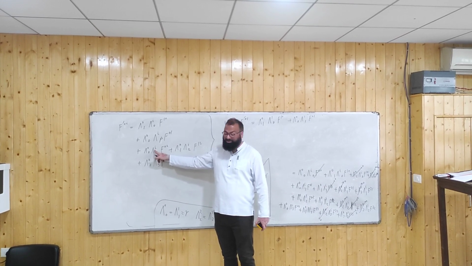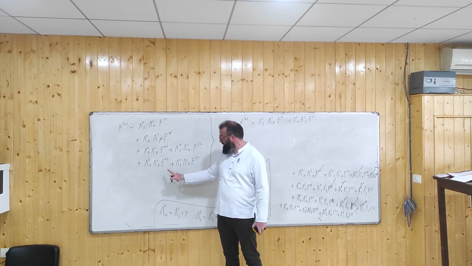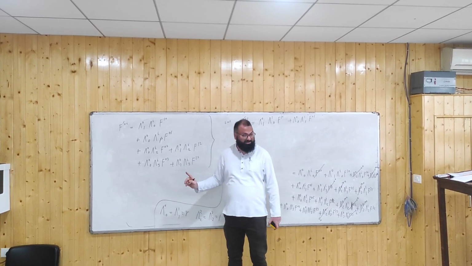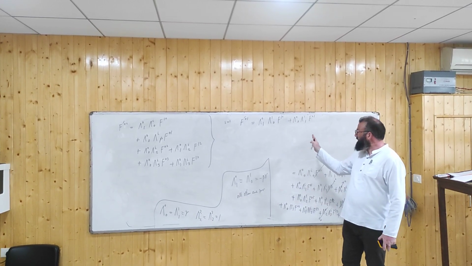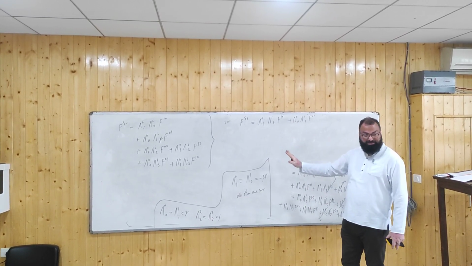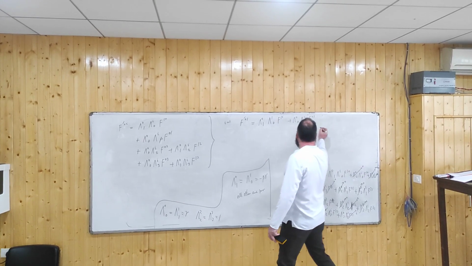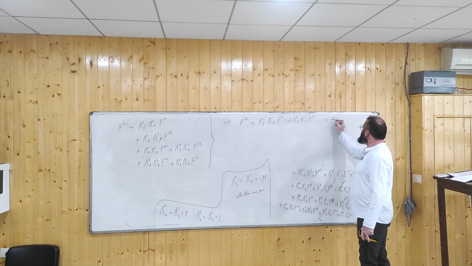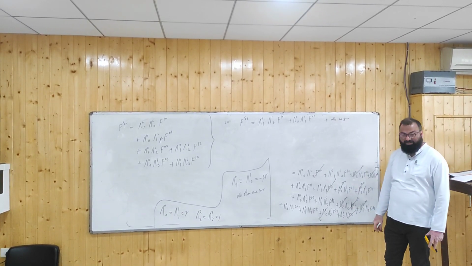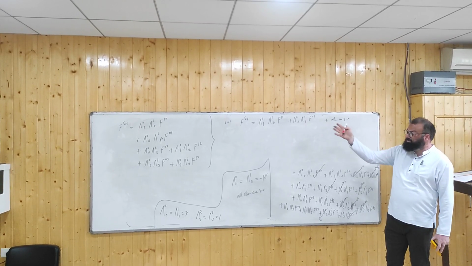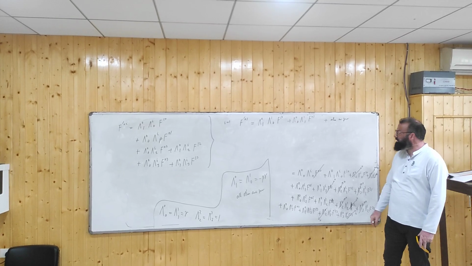You don't have lambda 12 term, you don't have lambda 13 term. Shall I write these terms explicitly, or keep them there? Others are 0. So only the first two rows contribute. The second two rows do not contribute.